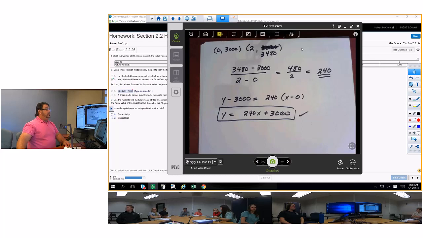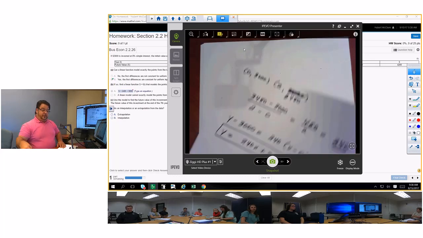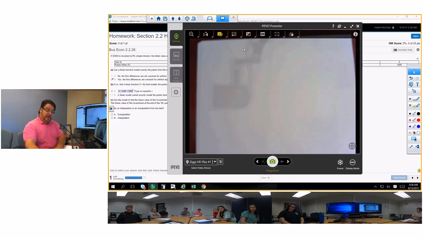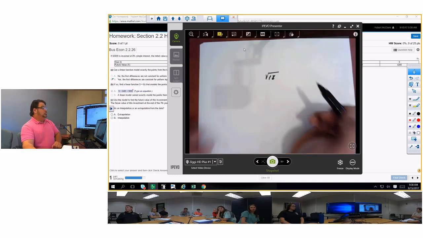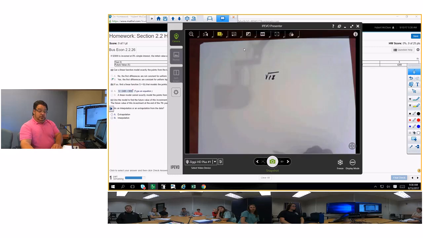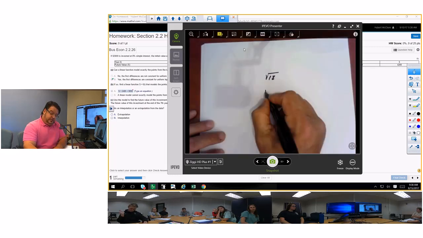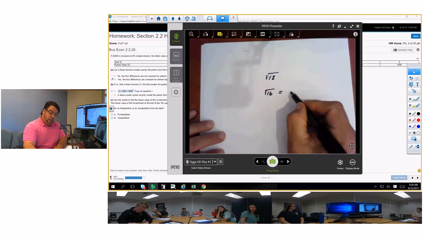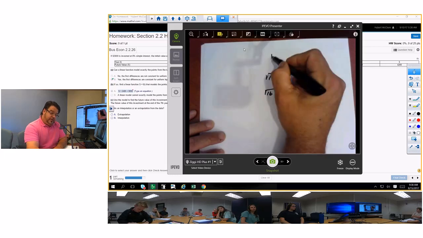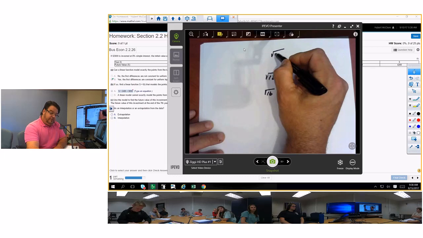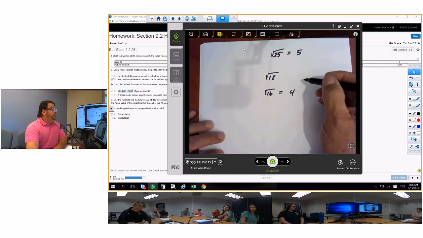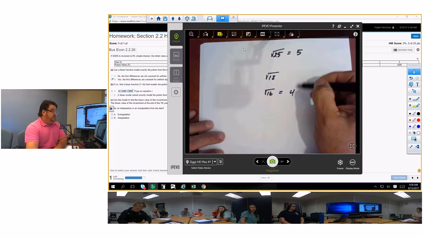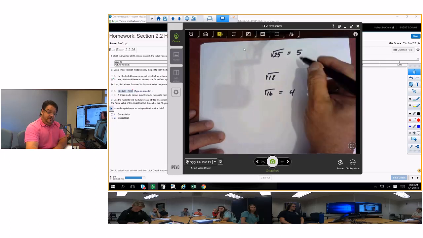Let's go right here. If I ask you what is the square root of 18? Well, the square root of 16 is equal to 4, and the square root of 25 is equal to 5, then I can say without any doubt that the middle of 4 and 5 is 4.5.